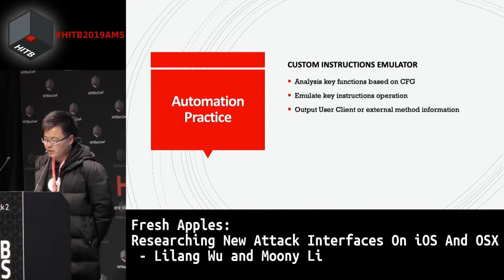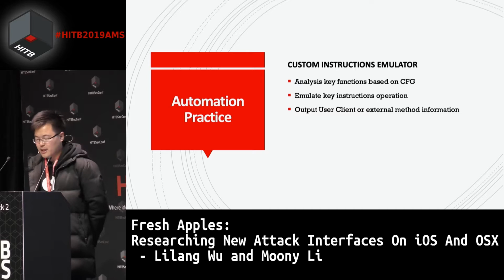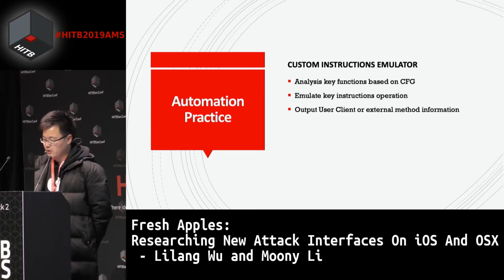Next, we will introduce our custom instruction emulator implementation for analyzing each branch. As mentioned before, we only analyze those key functions. Therefore, it contains only a small part of the instructions we need to emulate, so it reduces the difficulty and complexity.